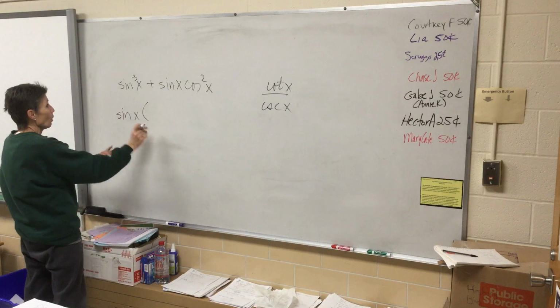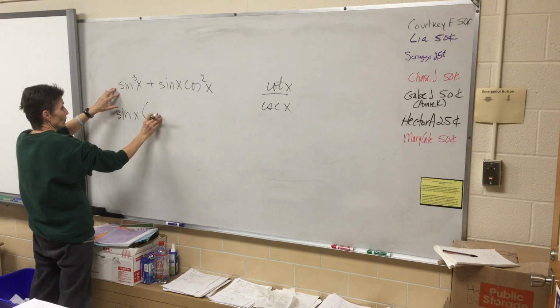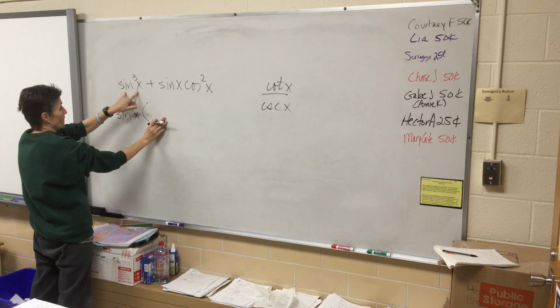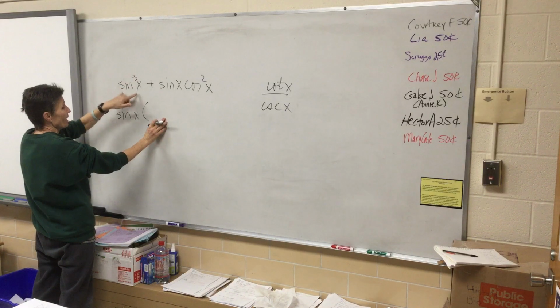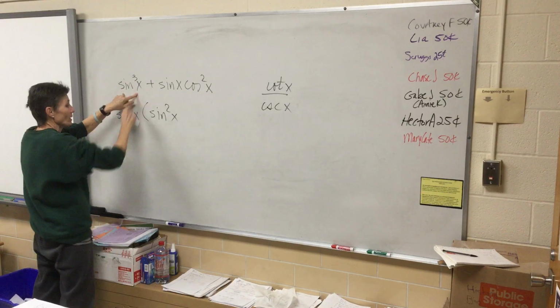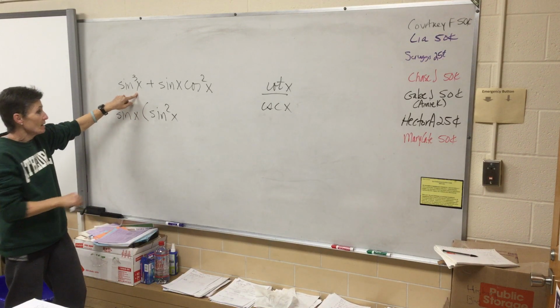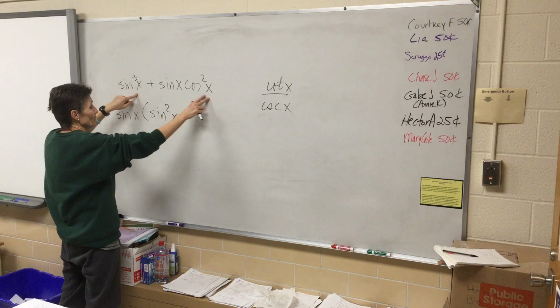And if I pull out one sine from both terms, what will I have left? What's left here first? If I take out a sine. Sine squared. Perfect. If you take out one sine from a sine cubed, you're going to have sine squared. Plus, what am I going to have left here?